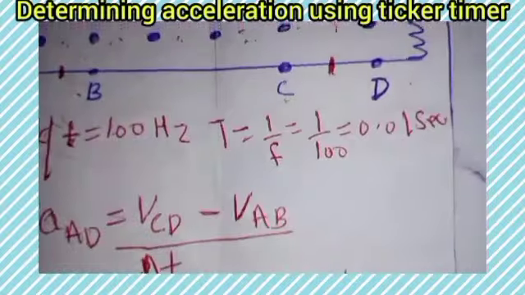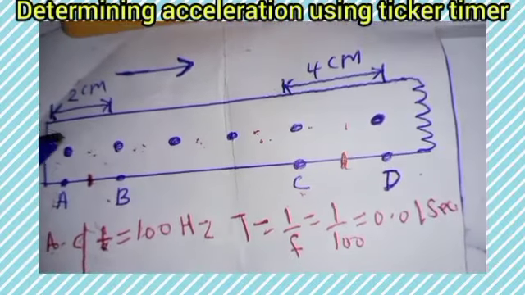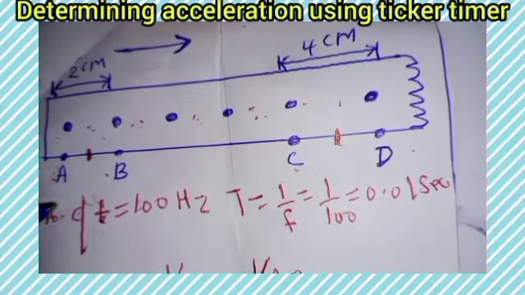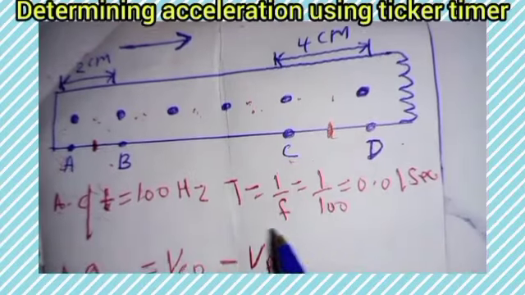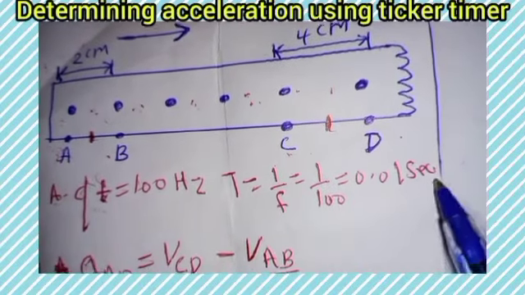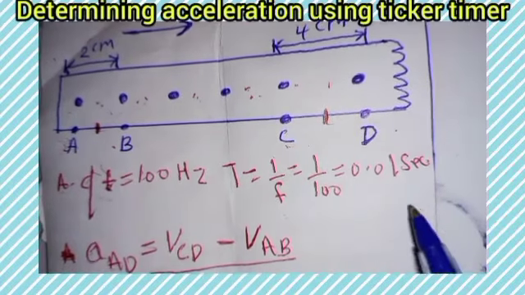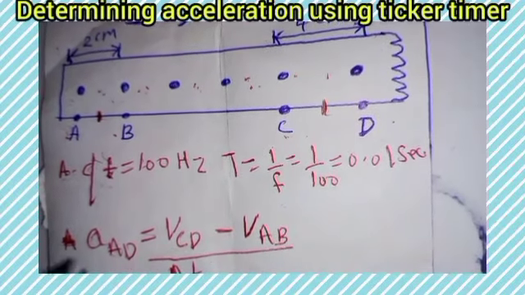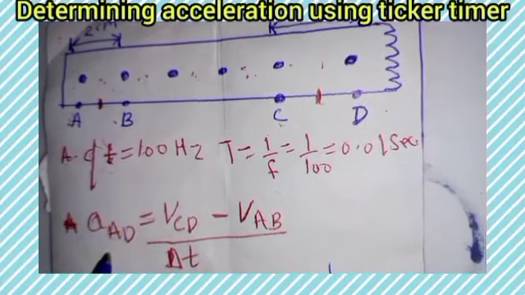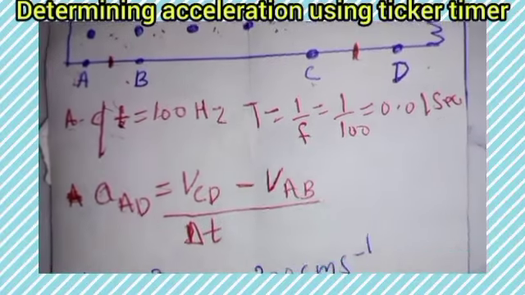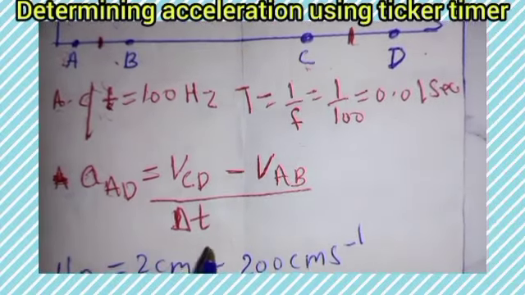So when you are using the Tinker Timer, that is how we determine the acceleration. First of all, we get the time between successive dots, which is given by 1 over frequency. In our case, our frequency is 100, which gives us 0.01 seconds. Then from there, we know the formula for calculating acceleration. Acceleration is given by the rate of change of velocity with time.